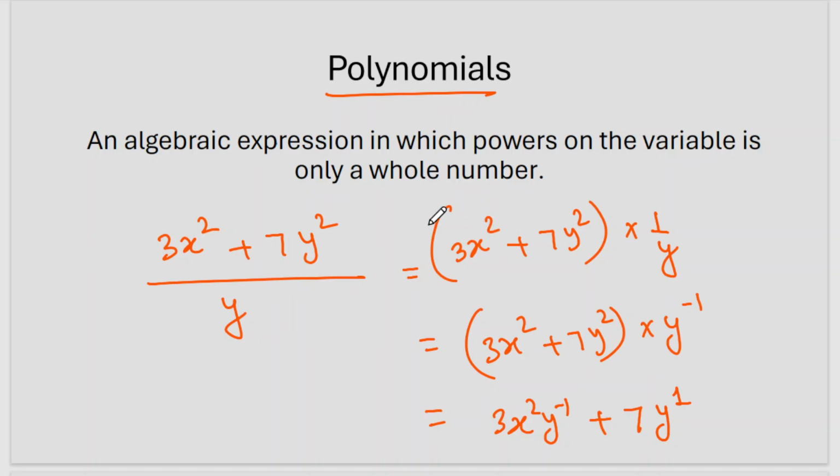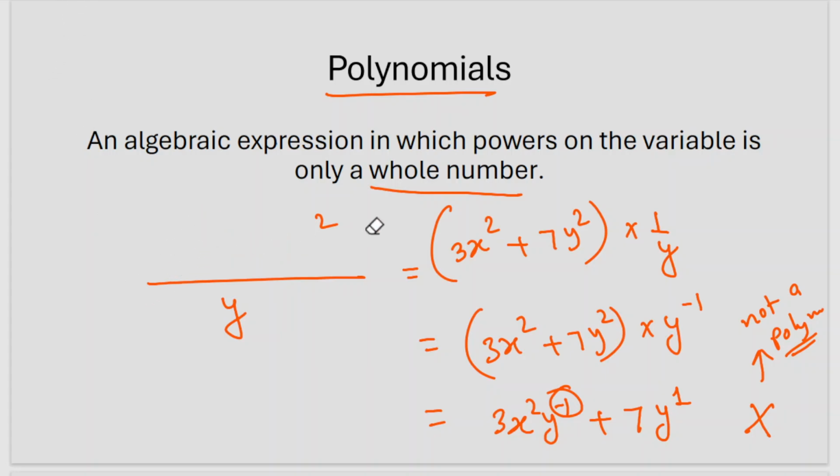We want only powers that are whole numbers, but it is negative here. So we can say it is not a polynomial. Got the point? Let me take a few more examples.